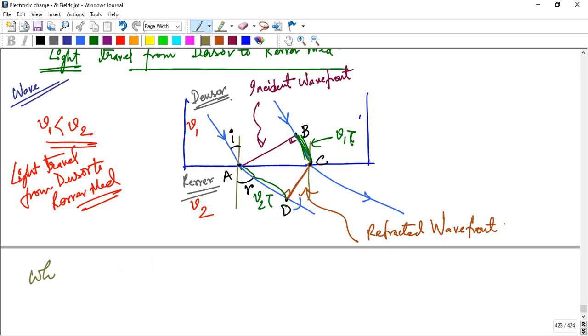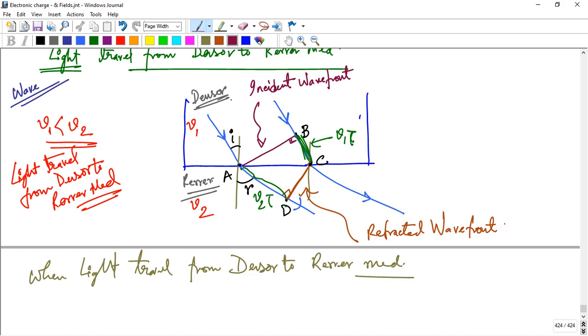When light travels from denser to rarer medium, the incident angle is obviously lesser than the refracted angle, because the refracted angle is more.